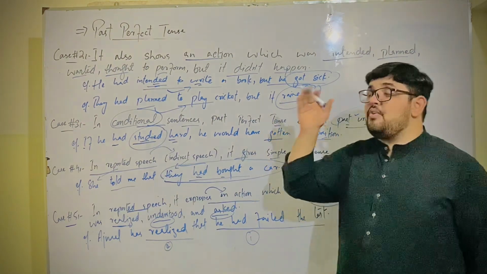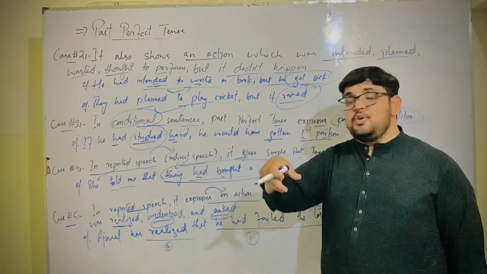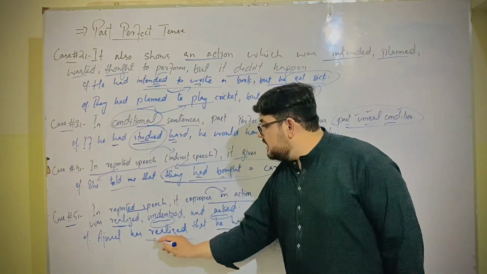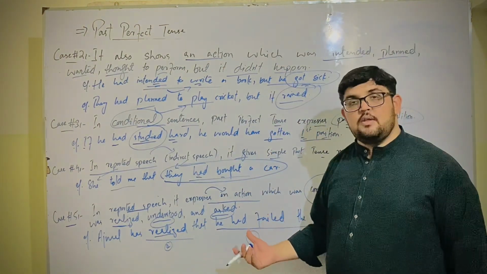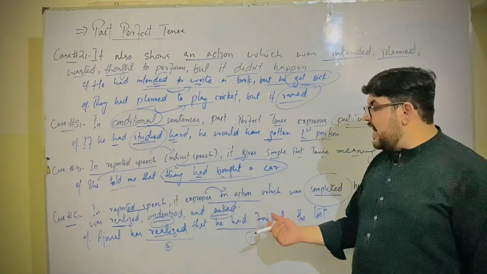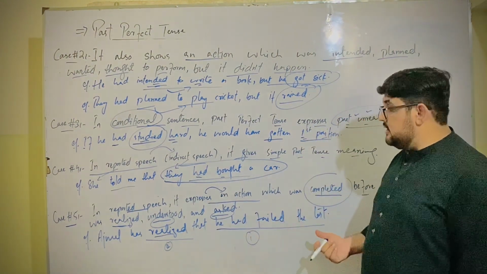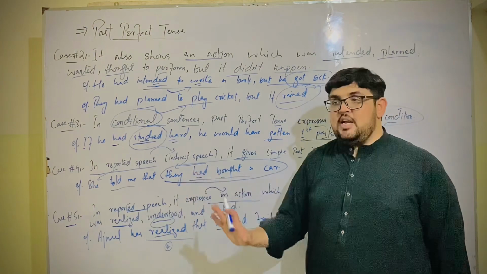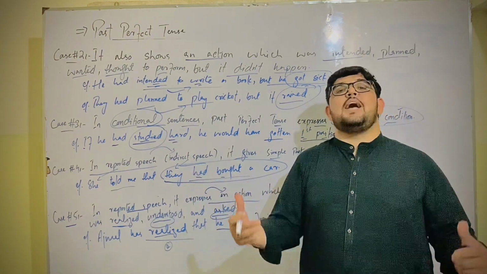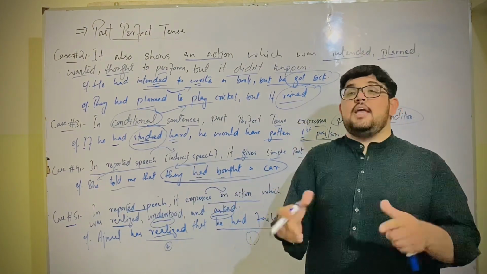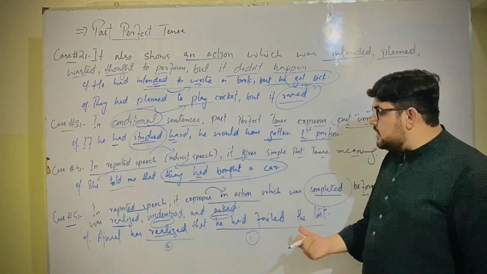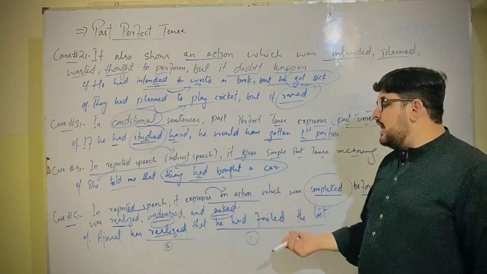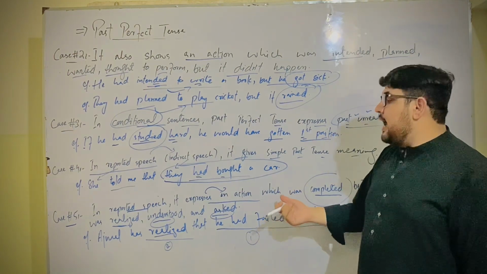Before his understanding, the result was out, and then he saw that he failed the test. So in reported speech, it expresses an action which was completed before it was realized, understood, and asked.